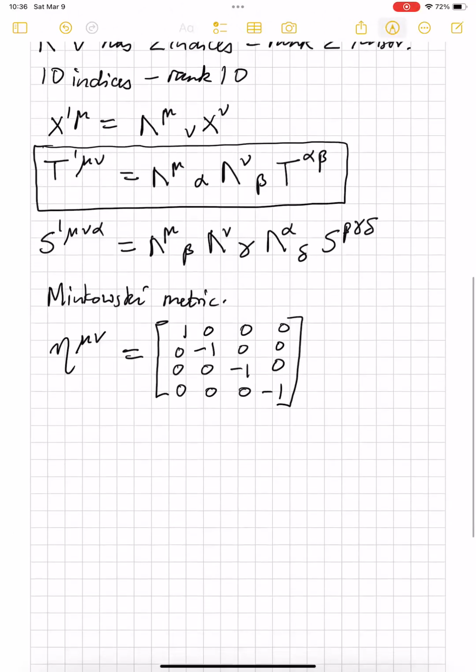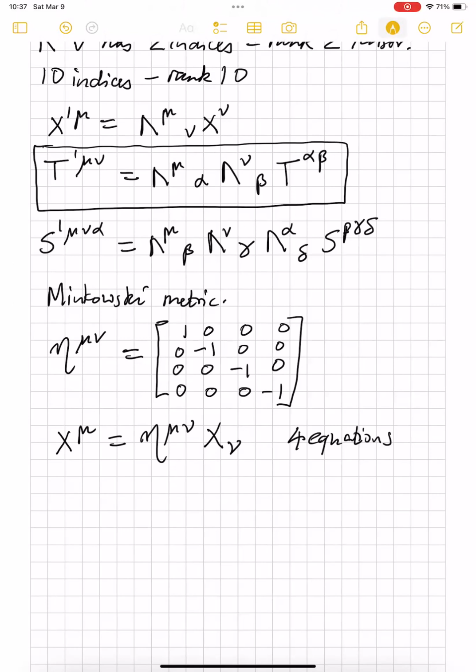Now, I want you to check this 4-vector equation. So x with contravariant index mu is equal to the Minkowski matrix eta mu nu, contracted with x with a covariant index nu. This is not one equation, this is 4 equations, and you should be able to check that this is true as a 4-vector equation.